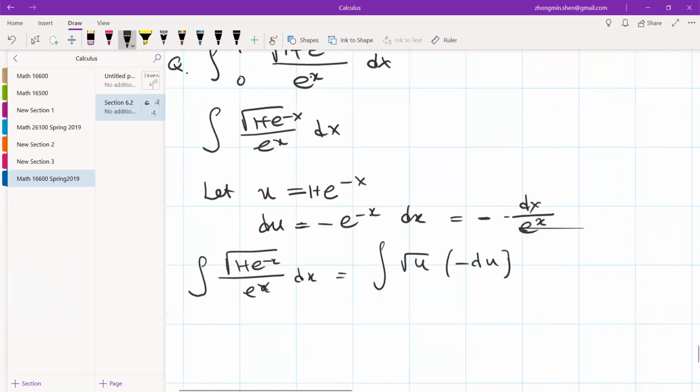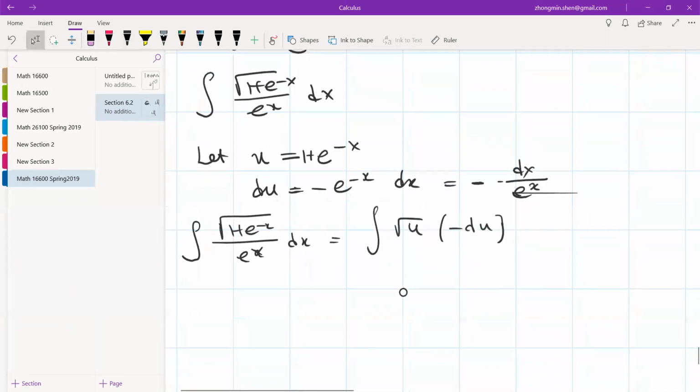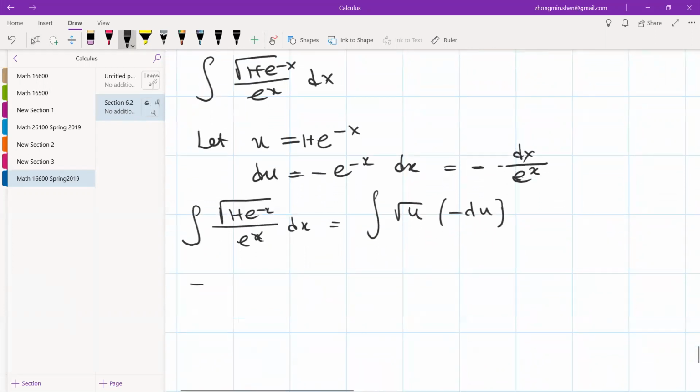So that's it. There's no denominator, because dx over e to the x is just du. So now you can find the antiderivative of u to the 1/2 du. This is very natural. It's going to be u to the 1/2 plus 1, over 1/2 plus 1, plus constant.